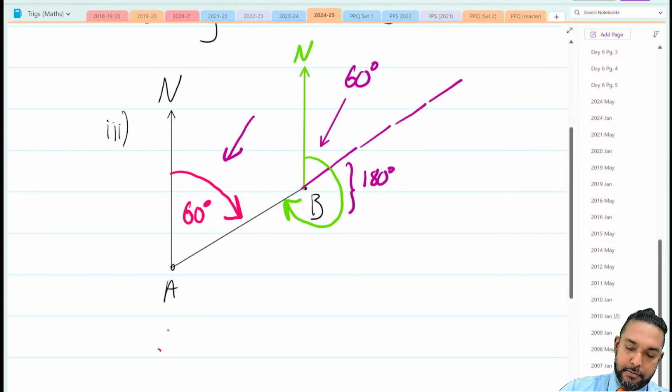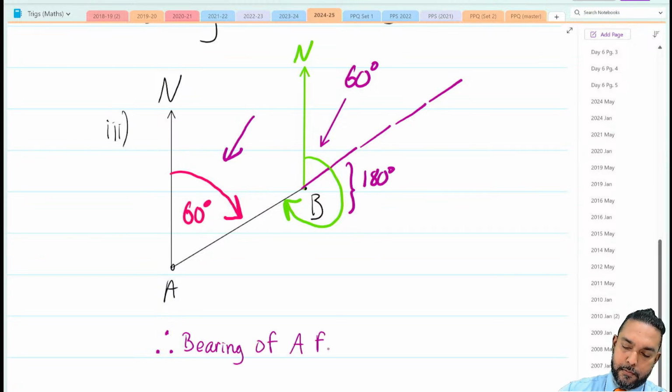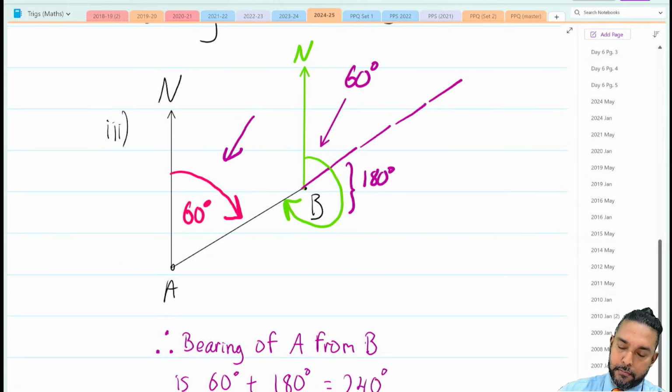So therefore, bearing of A from B is 240 degrees.